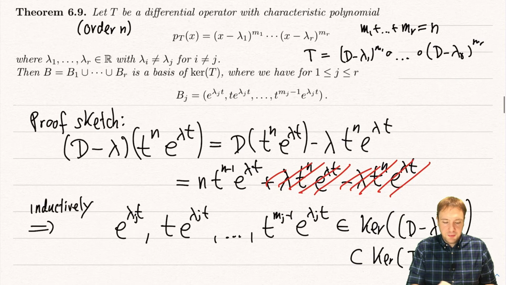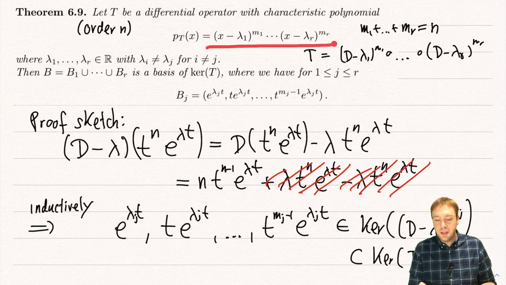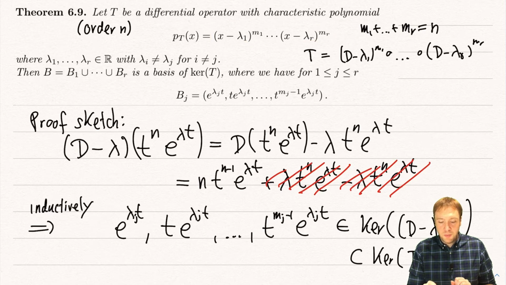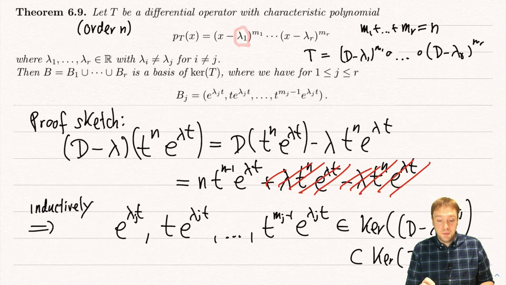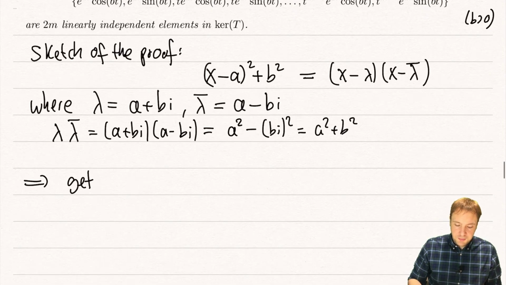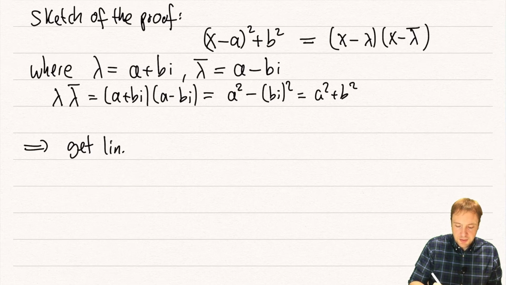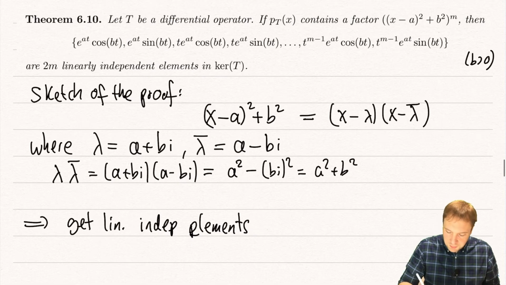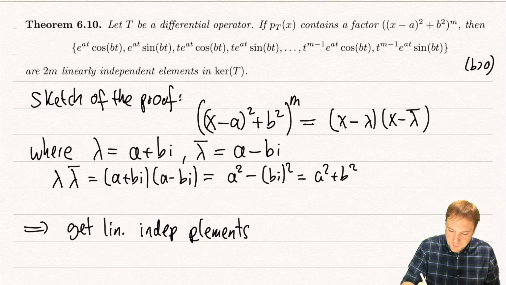So the statement is that this theorem here is actually true if we allow these lambdas to be complex numbers, and then any real polynomial can be written like this here, where these lambdas now come in pairs given by lambda and their complex conjugates. And the statement is we get linearly independent functions or elements in the kernel. So maybe first we want this to the power m, so here we get m.